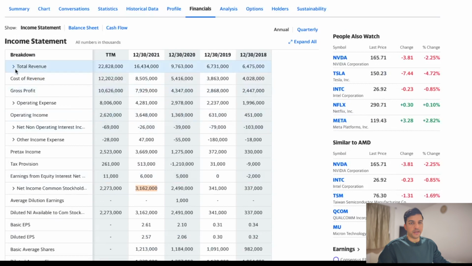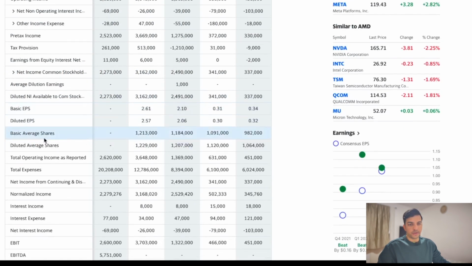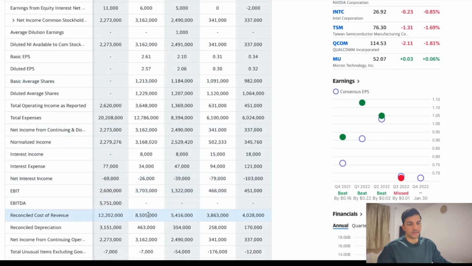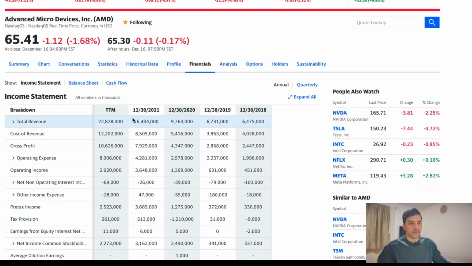And in the income statement, this is the top line, which gives us the total revenue of 16 billion, and this is the bottom line, we would say, the $3.16 billion. These are terms which are not that important to discuss, but what we understand is that at the end of the day, the company has generated positive net income by generating revenue of $16 billion.